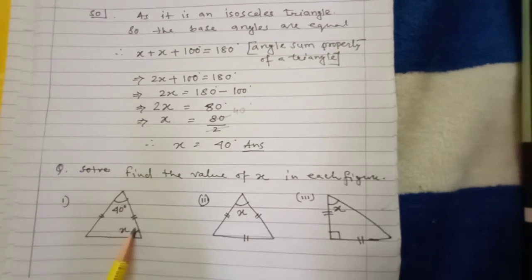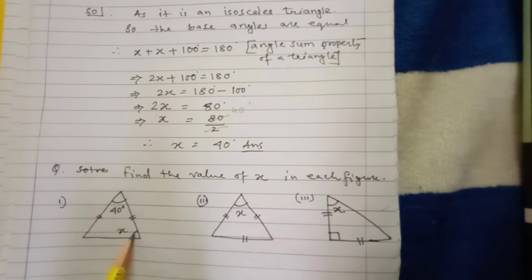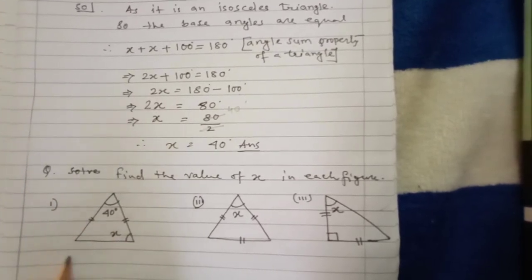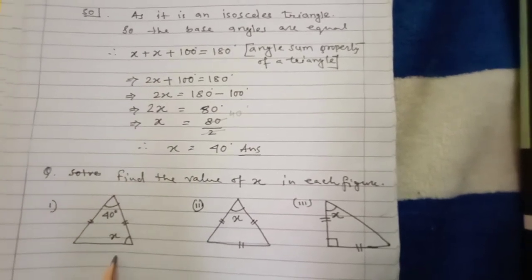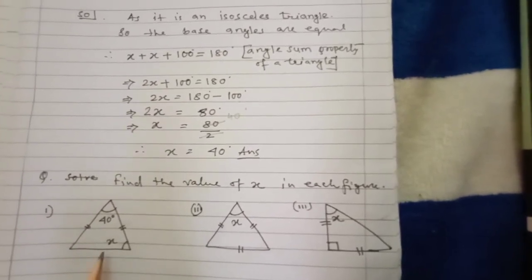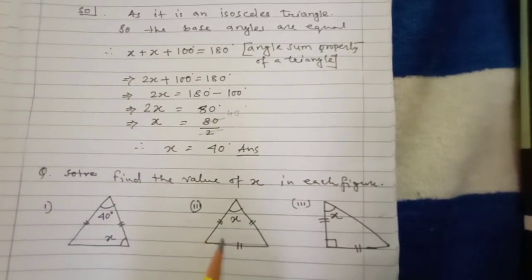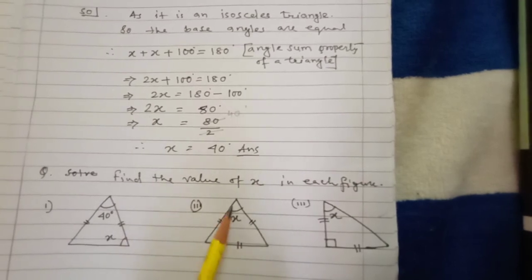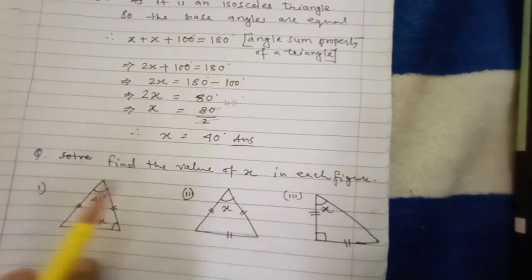You have to find out how you can find the value of x. Think, use your brain and find the value of x. I want to see how many students can write the correct property and find the value of x. Here also see what it means: all the three sides are equal. Then you have to find the value of x. Here also you have to use your brain.